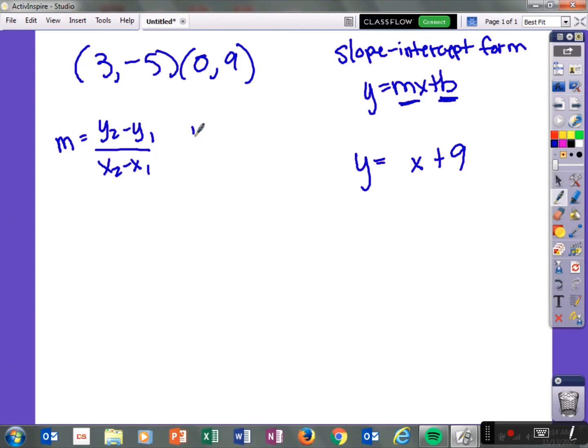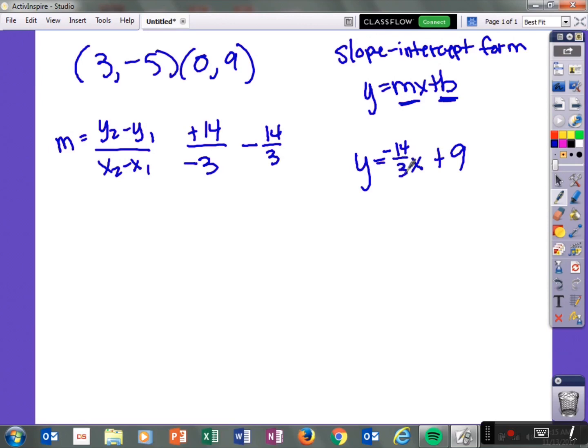So it's a positive, so add 14, okay? And how are we going to go from 3 to 0? Subtract 3. Now, a positive and a negative make a negative. So this is negative 14 over 3. And that's our slope.